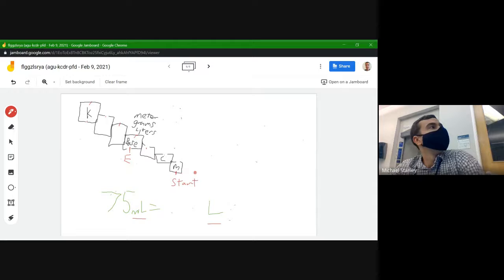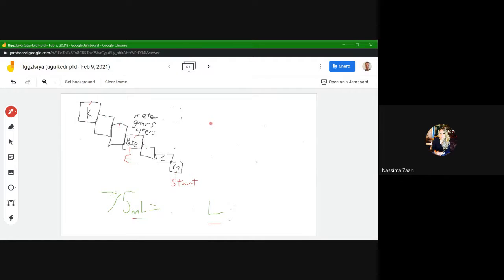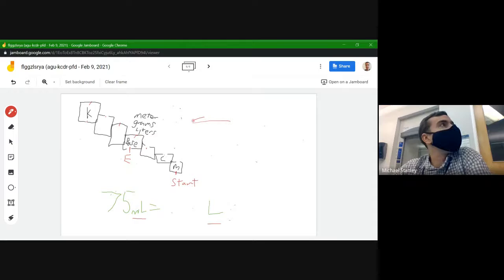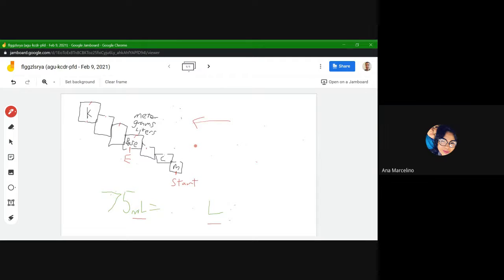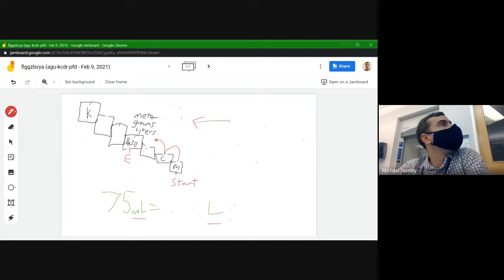So starting with milliliters, ending with liters, what direction are we going to be jumping? To the left. And how many jumps are we going to make to the left? 3. 1, 2, 3 jumps to the left. All right, very cool.